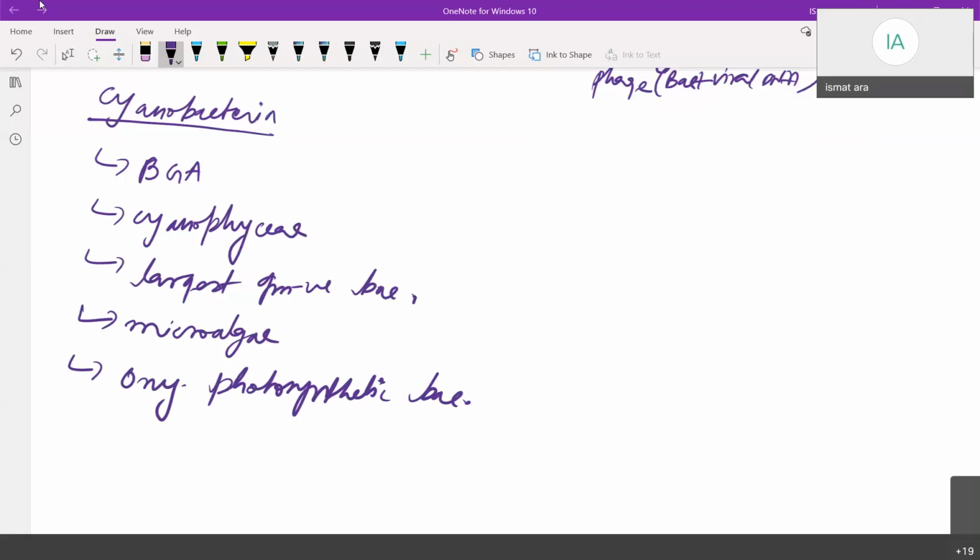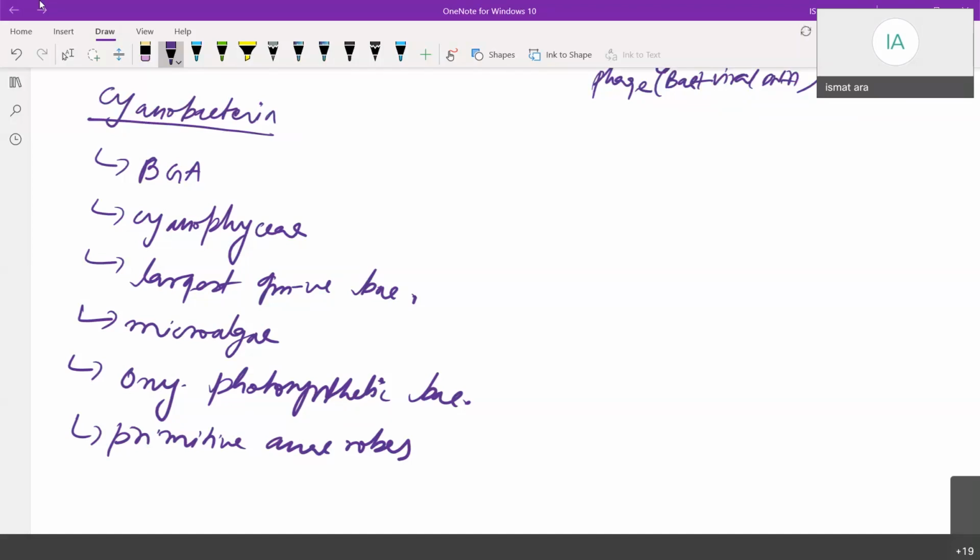They are primitive anaerobes. You know, students, whenever earth formation took place, the condition was anaerobic.